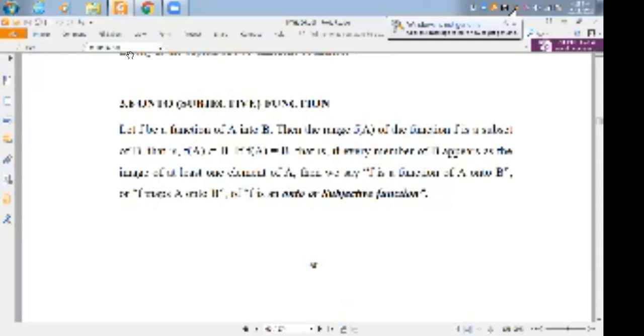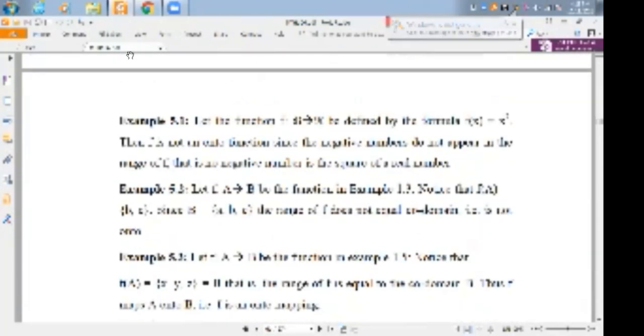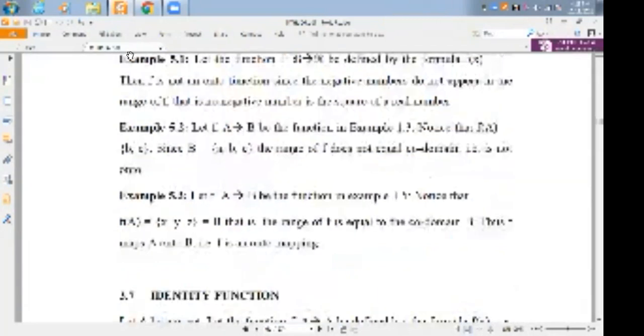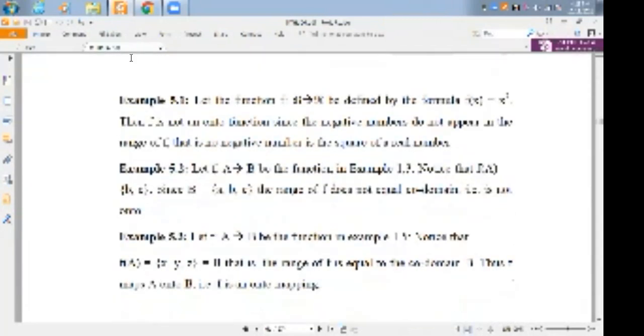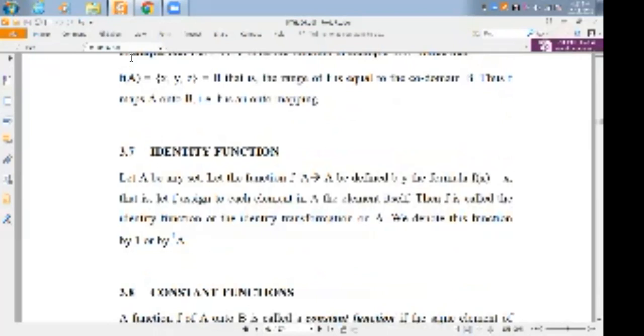So when all the elements on the right-hand side, that is the codomain, is being assigned to one or more elements in the domain, is called onto mapping or onto functions. So cases of examples are given as follows. Only that I don't have access to the board, I would be writing all this on the board to be more clear. Then we also talk about another type of function which is called inverse function.